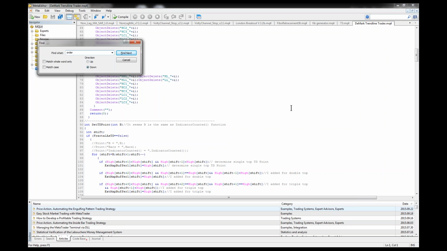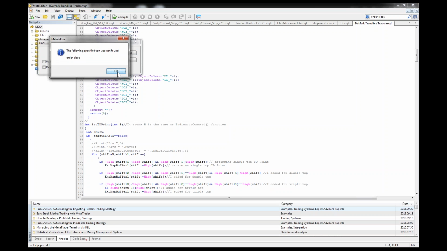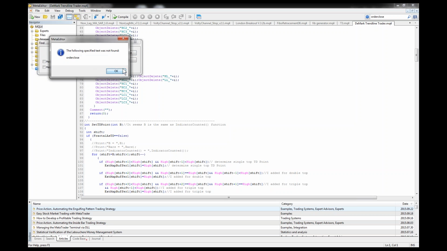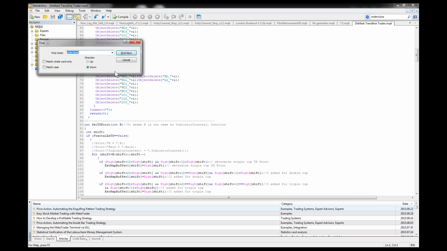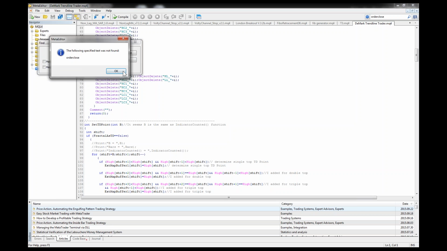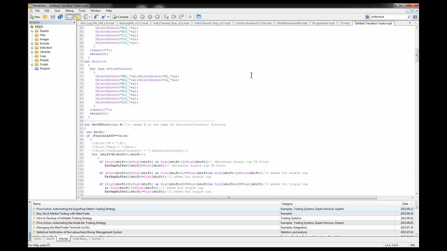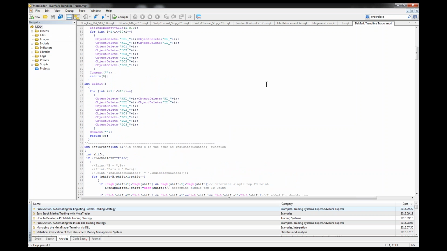No, all one word. It says not found. So no, it's not an EA. If it doesn't have the functions in there to open and close orders, it won't be an EA. Okay. It'll just be an indicator.